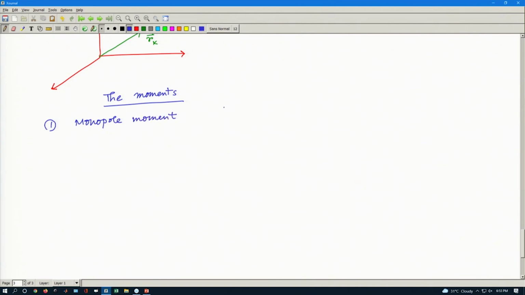In the monopole moment, q is equal to the sum over qk, k going from 1 to n, which is nothing but the total charge. That is the way we define the monopole moment for a discrete charge. Second thing is the dipole moment.